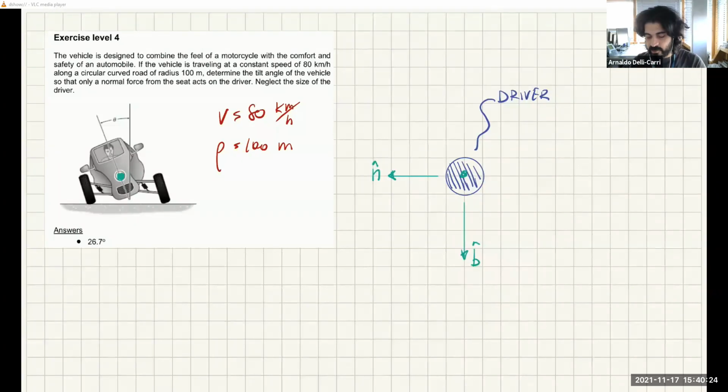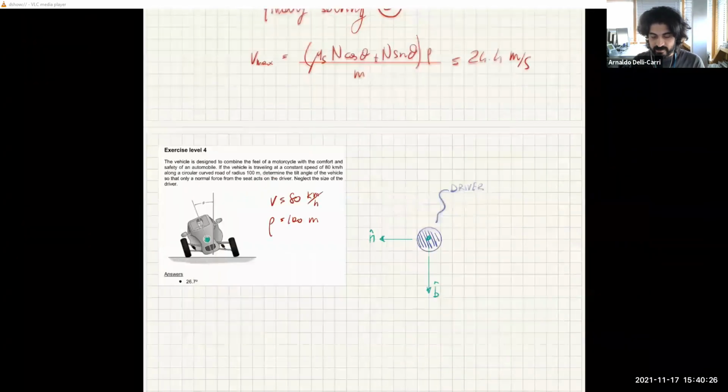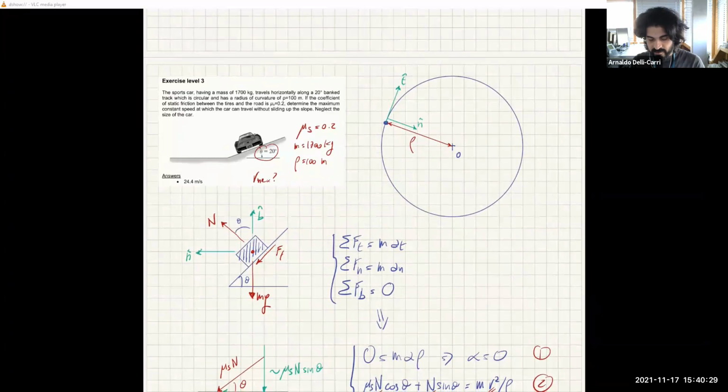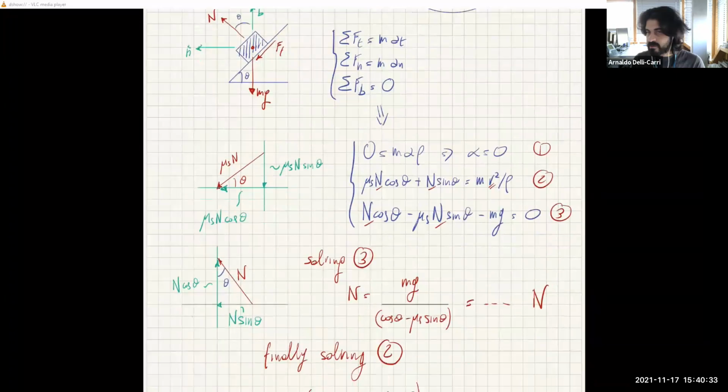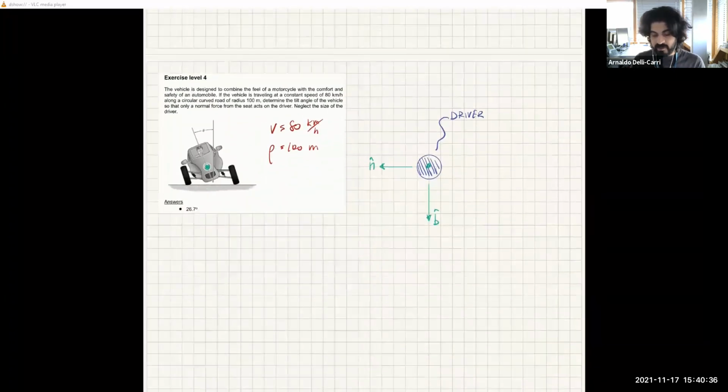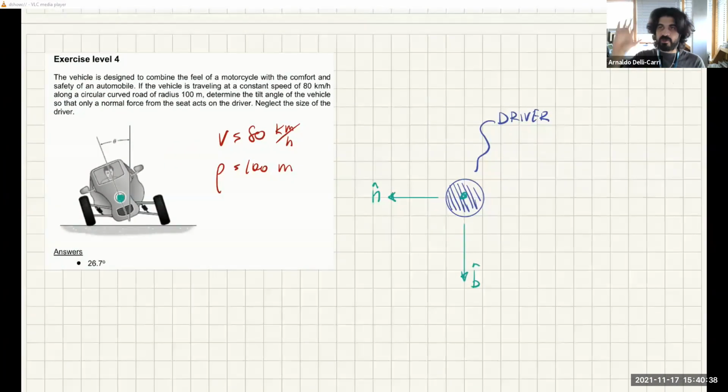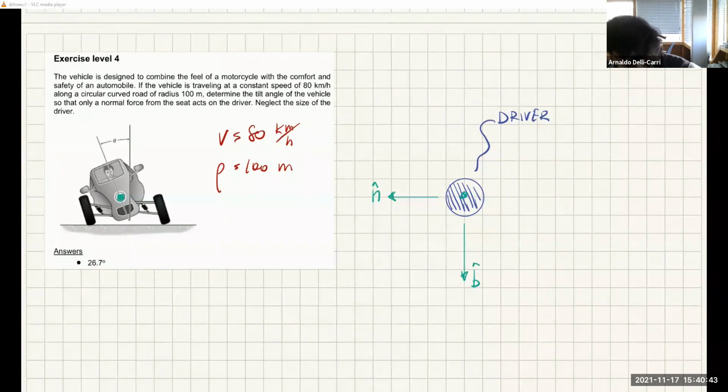I mean, it doesn't matter if you put B up or down, because previously this should also have been down for the same reason, but I put it up, and as you can see, it doesn't matter. But by convention, it should be down, because T over N gives you the direction of B. Remember, the direction B is given by T cross product N. So this is what you should remember.